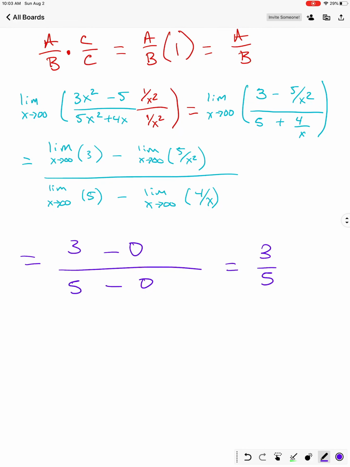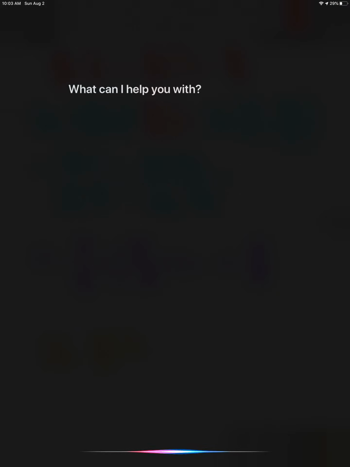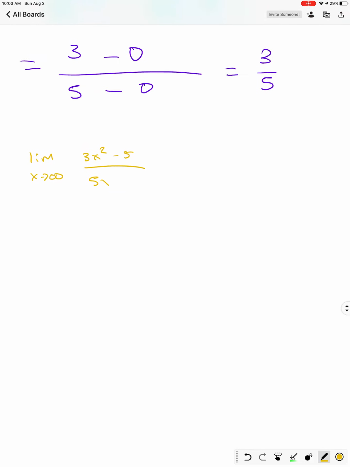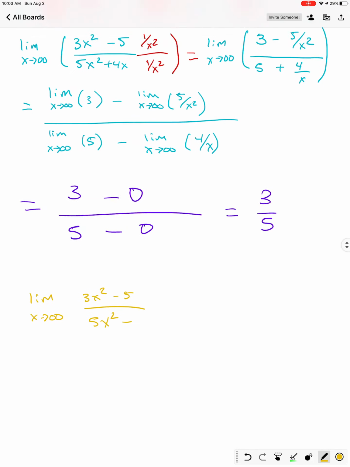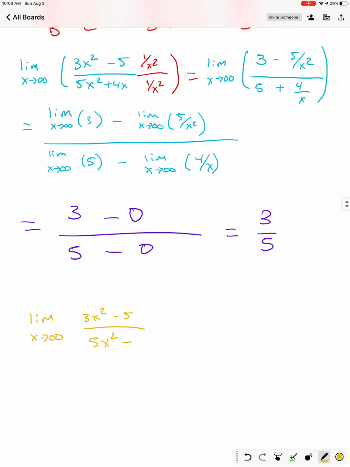Now, it's been mentioned about L'Hopital's rule and using L'Hopital's rule. Okay, so let's look at the same problem using L'Hopital's rule. The limit as x approaches infinity of 3x squared minus 5 divided by 5x squared plus 4x.